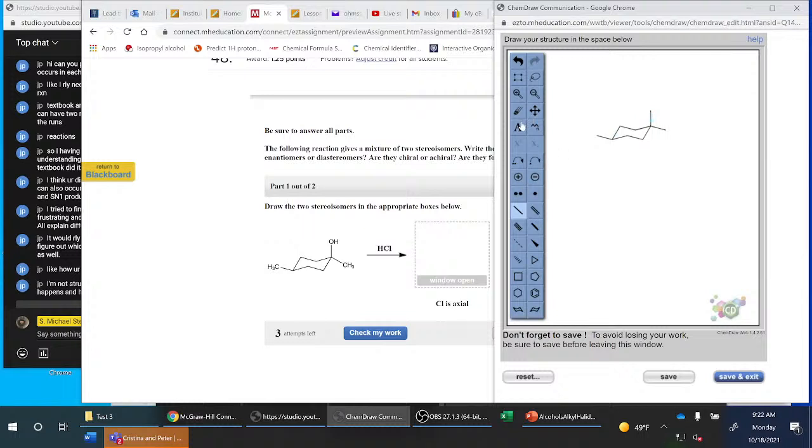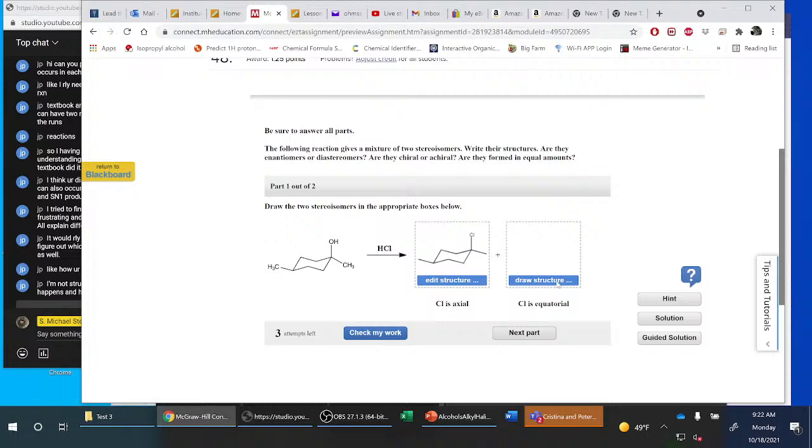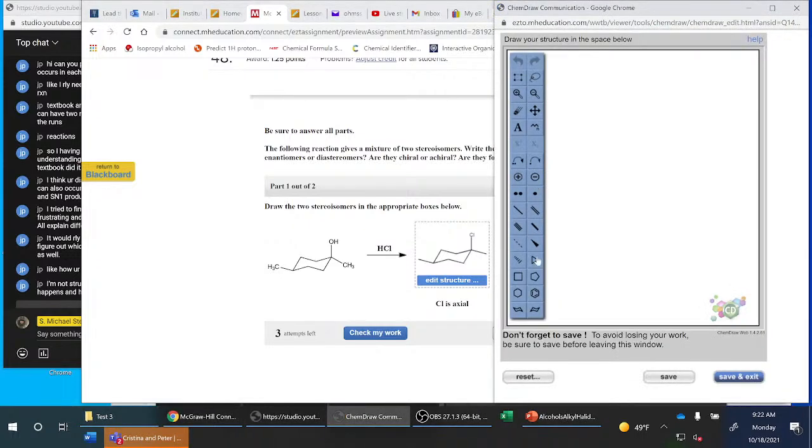So if we attack the carbocation from the top, we're going to get an axial chloride. And if we have an attack from the bottom, our methyl group will get pushed up and our chloride will be pushed down. We'll be in the equatorial position.